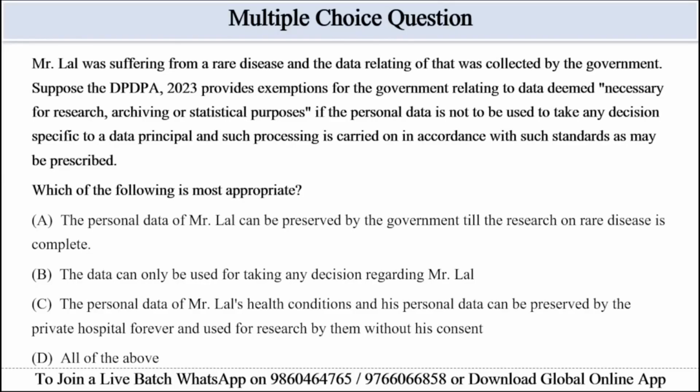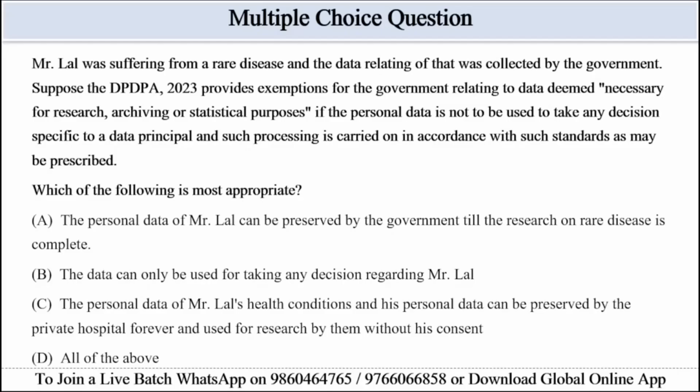So in case of option B, the data can only be used for taking any decision regarding Mr. Lal. This contradicts the stated condition that under the exemption, the data is not to be used to take any decision specific to a data principle. So this is the opposite of what is allowed.